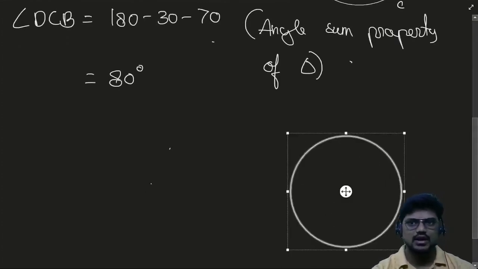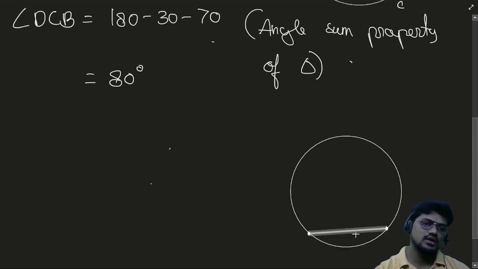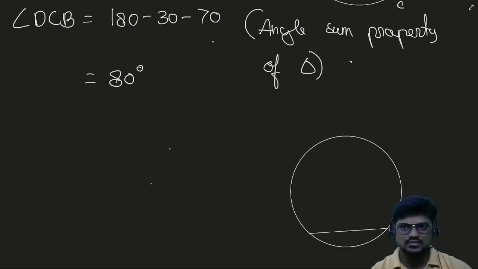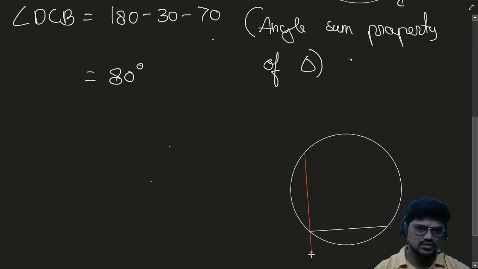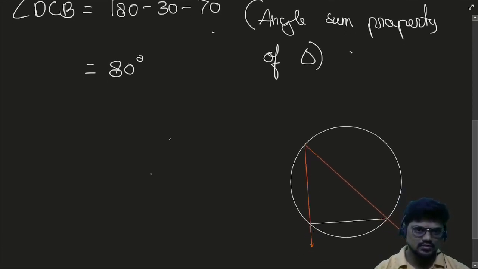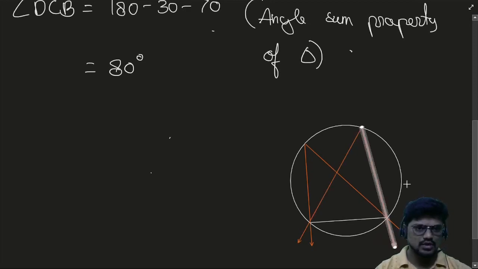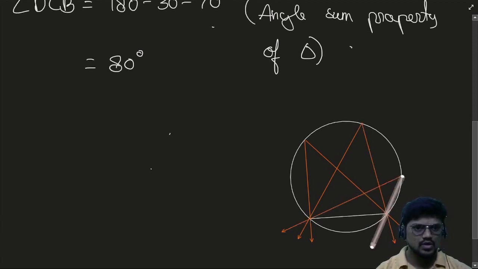If you have a circle and if you have a segment like this, now if you draw angles to this like this, suppose you are drawing lines over here and here, or even if you take any other point, even if you take this point, now over here, all these angles will be equal.